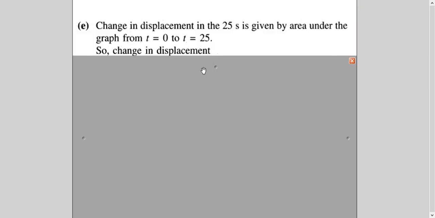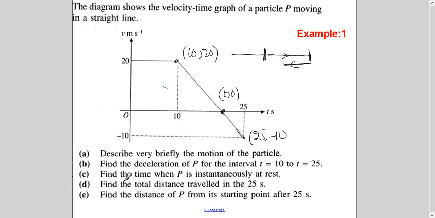Now, next part of the question, let me see the question here. Find the distance of P from its starting point after 25 seconds, right? Now, if you see here, what is happening? What is asked in this question? I have to find the distance of P from its starting point, meaning from here till here, what is the distance? Because that is the time which is used, 25 seconds.